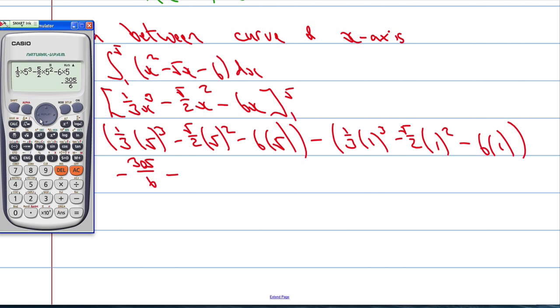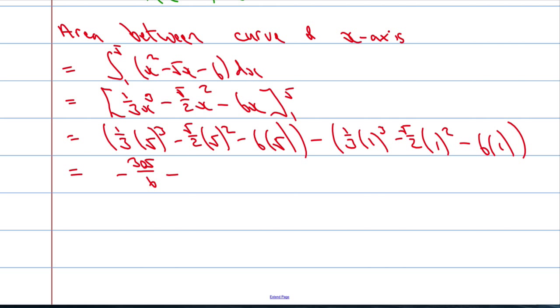The calculator is already out. I need to change all these 5s to 1s. Change that to a 1, change that to a 1, and change that to a 1. Negative 49 over 6. So I'm taking away negative 49 over 6, which is in fact the same as adding 49 over 6.